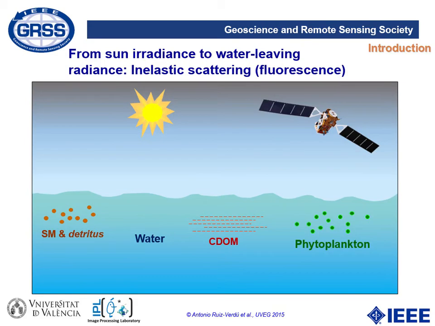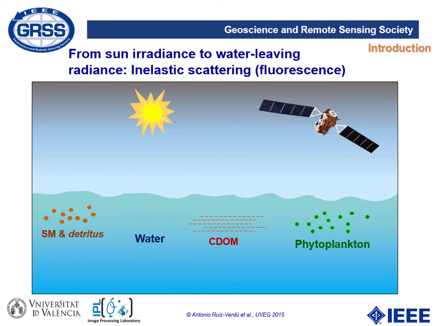Apart from those basic processes, absorption and scattering, most water constituents also can emit fluorescence. As you probably know, fluorescence is a process of light emission that requires a previous absorption of photons that produce electrons to go to an excited state.